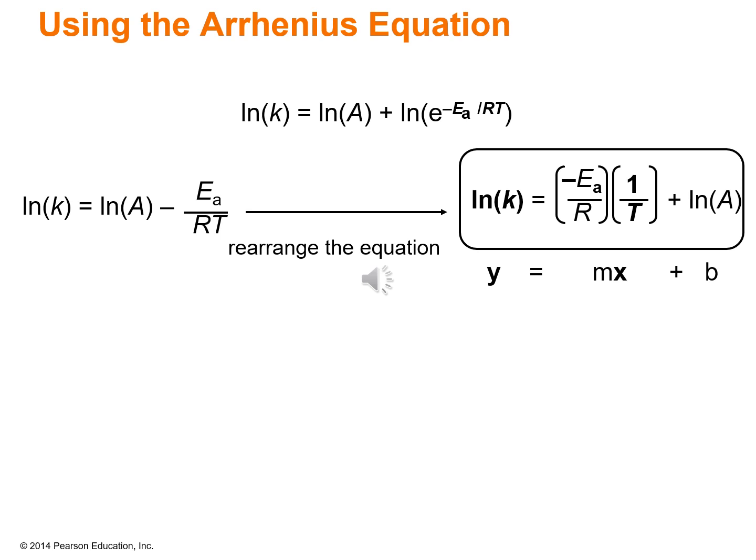So a graph of natural log k versus 1 over T, called the Arrhenius plot, gives a straight line with a slope m equal to minus E sub A over R, and intercept b equal to natural log A. The experimental value of the activation energy can be determined from the slope of the straight line. Still another form of the Arrhenius equation, which you see on the right here, can be derived, that allows us to estimate the activation energy from the rate constants at just two temperatures.